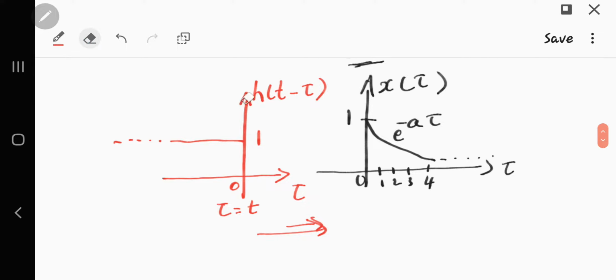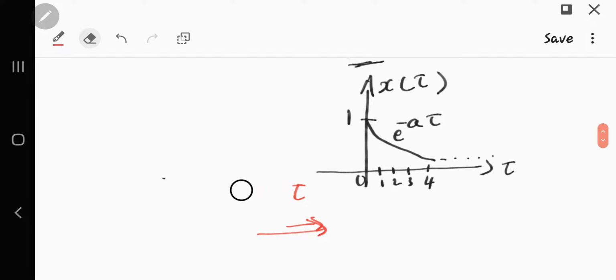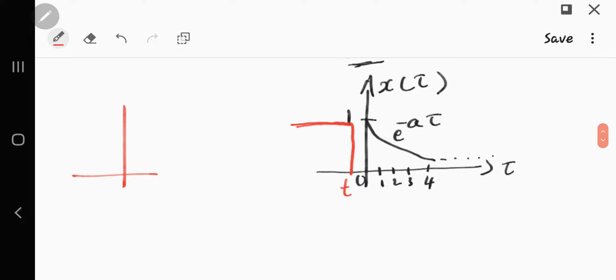In the first case, I will put this unit step signal, amplitude is 1, somewhere here. I am writing t because it indicates tau is equal to t. I am just writing this for the reference, h of t minus tau. So this point, tau is equal to t.